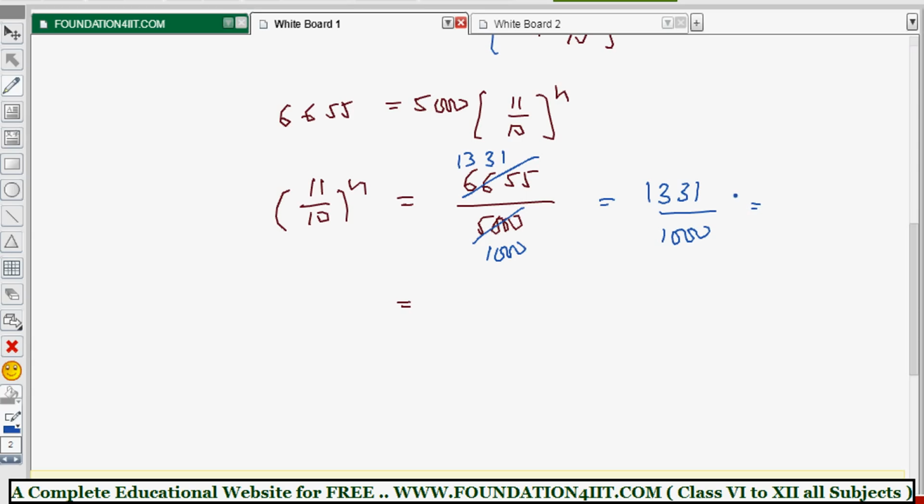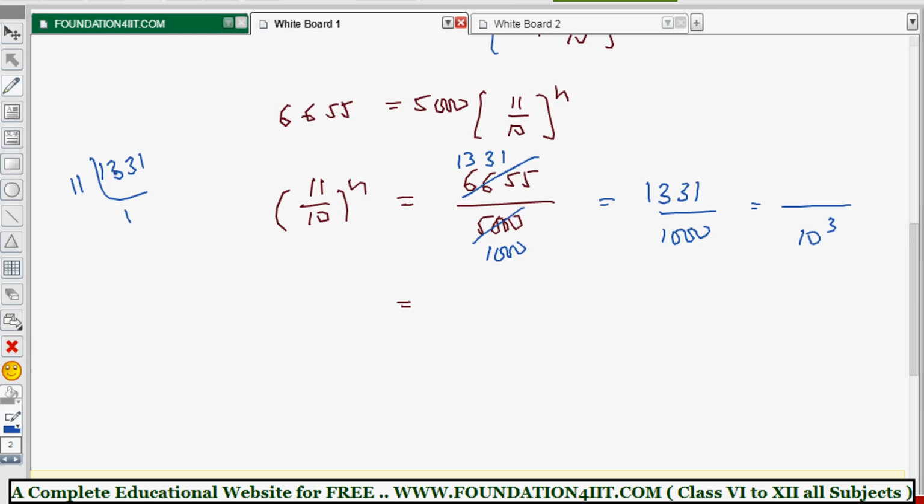Now check it: 1331 is a cube, and 1000 I can write as 10 cube. If you don't know, you can use the prime factorization method for 1331.